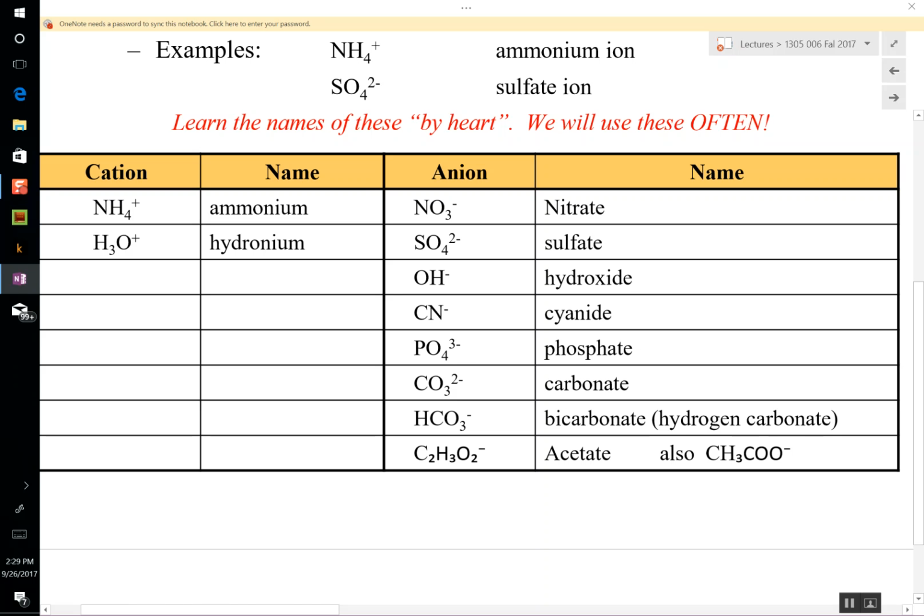We don't have BaN with 32 oxygens around it. We have a barium ion with 2 nitrates. So what we really are looking at, we need 2 of these, and the way we do that is we bunch it together in parentheses. We have Ba(NO3)2.